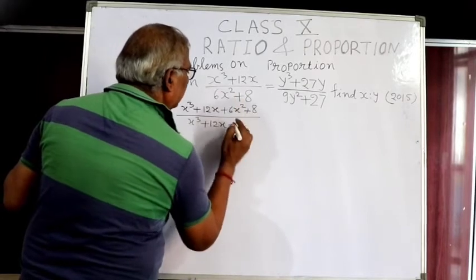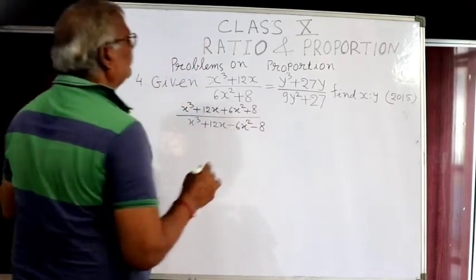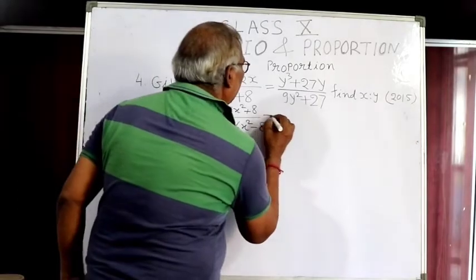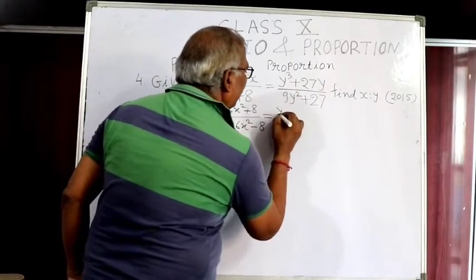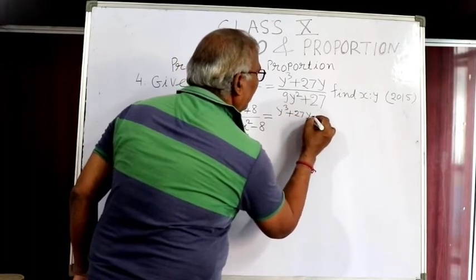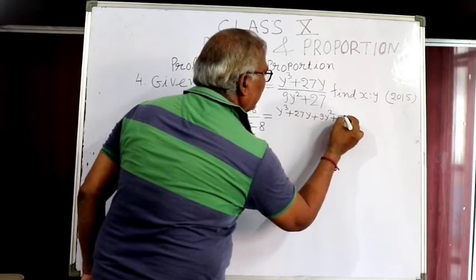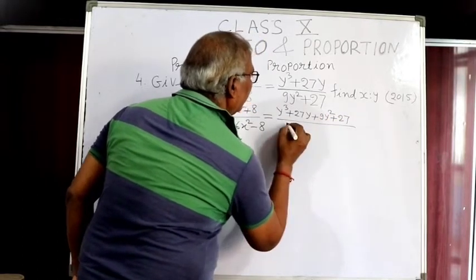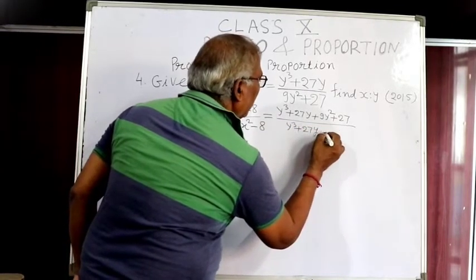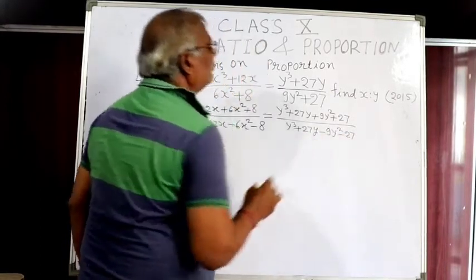Here the sign will be changed: minus 6x square minus 8. This plus 8 will become minus 8. Now similarly on the right hand side, we get y cube plus 27y plus 9y square plus 27 upon y cube plus 27y minus 9y square minus 27.